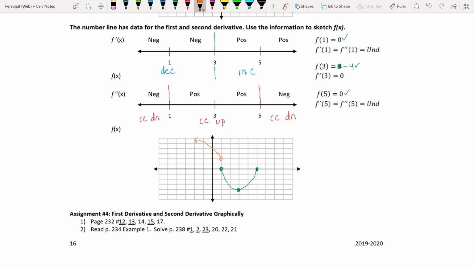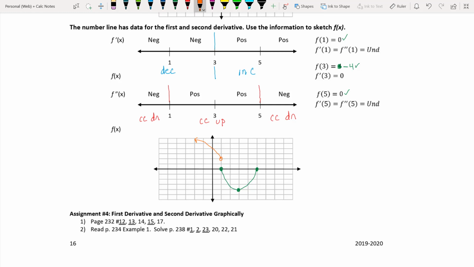And the only way I can keep this graph concave down and decreasing, so the orange part of my graph is concave down and decreasing, and the green part is now concave up from 1 to 3. You can see that it's concave up in the chart, and I'm still decreasing from 1 to 3, and then I go back to concave up from 3 to 5.